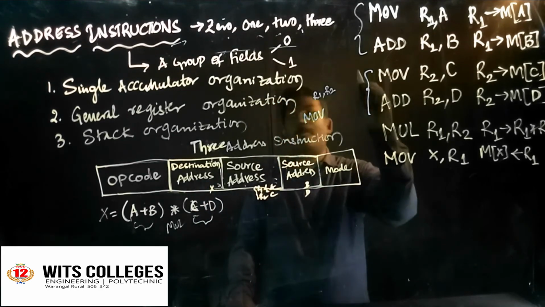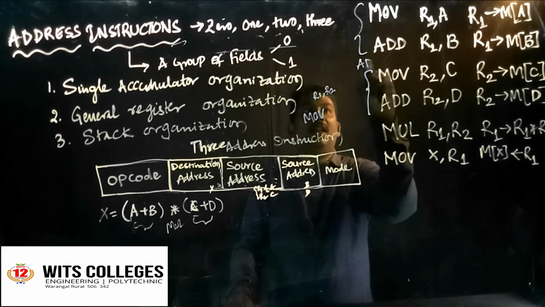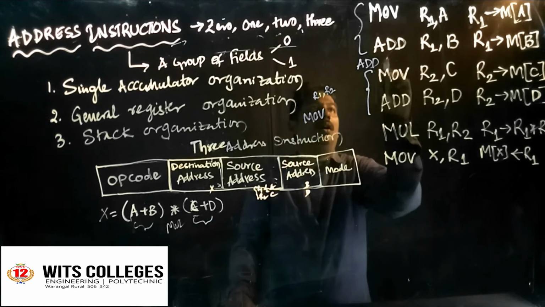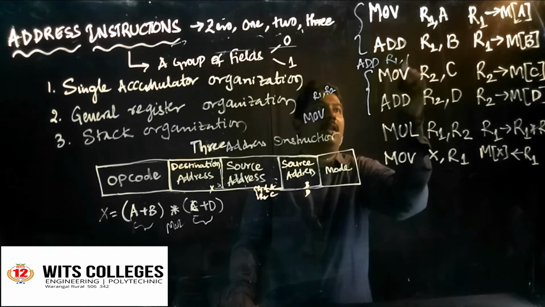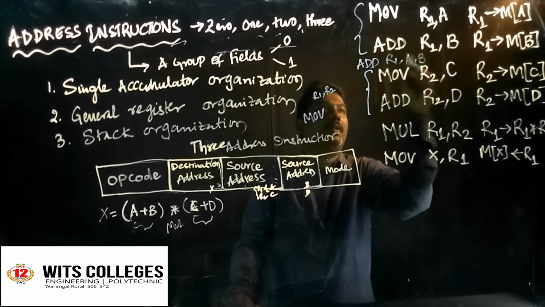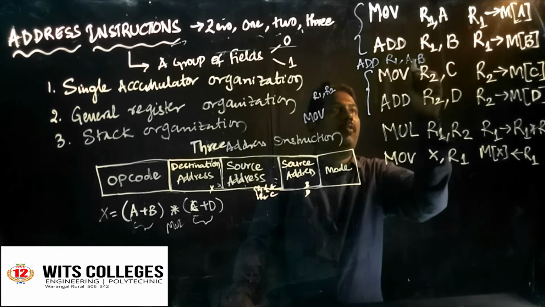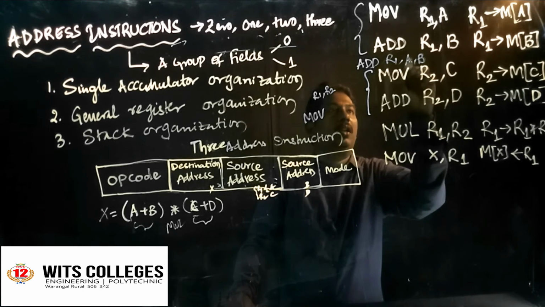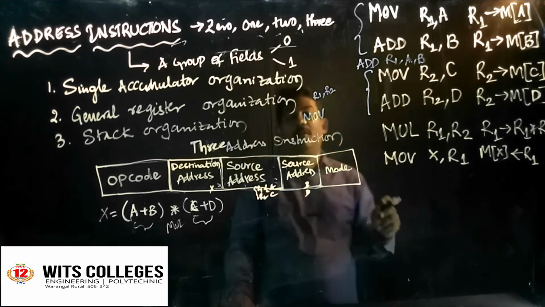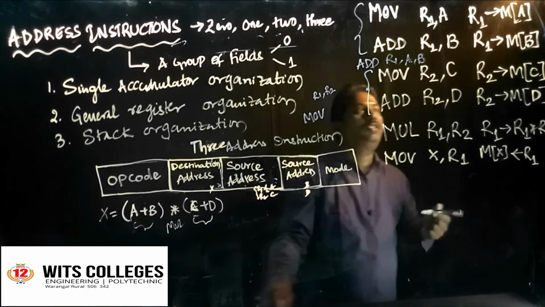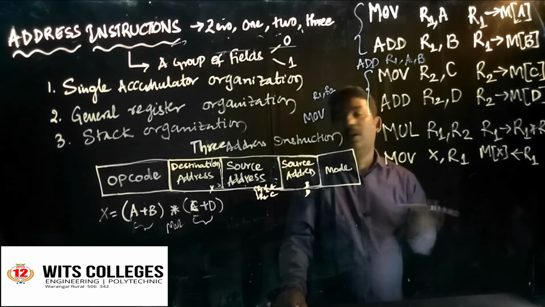So now add R1 comma A comma B. Here what we are doing is taking two sources, A and B, for the register R1.